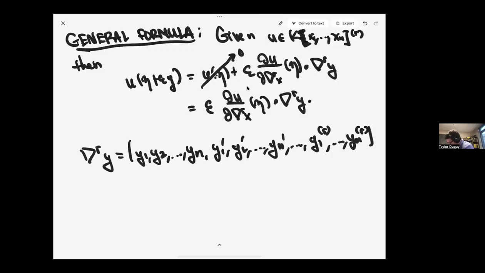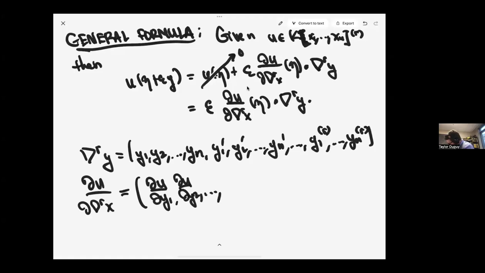Okay, and then this partial derivative of x here. So this thing here is, well, you just take the partial derivatives with respect to all the things. dU dy1, dU dy2, all the way up to dU dyn. All right, and then it continues, and then you do all the derivatives here.